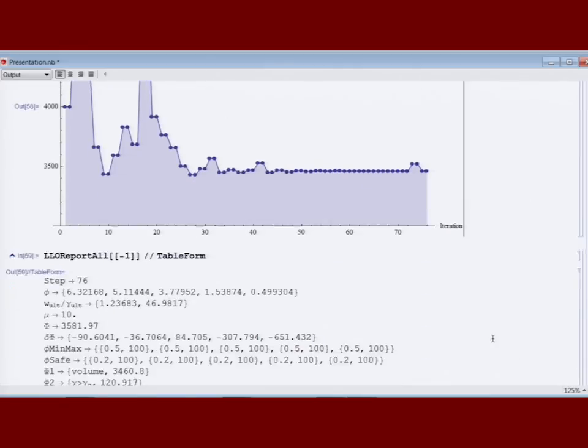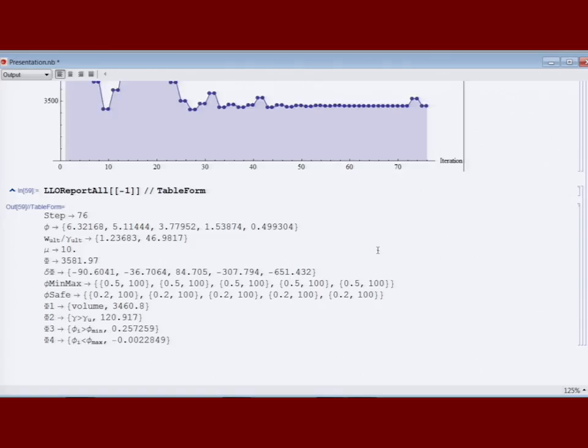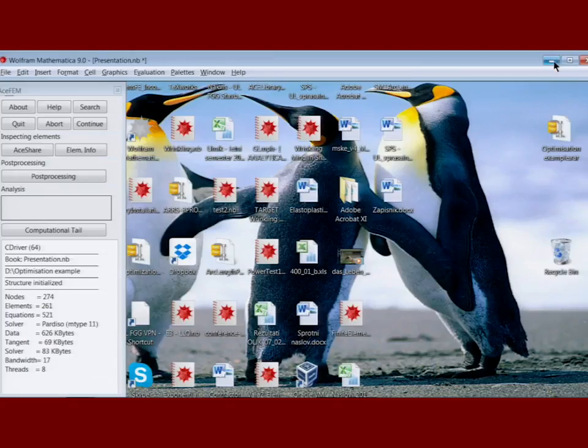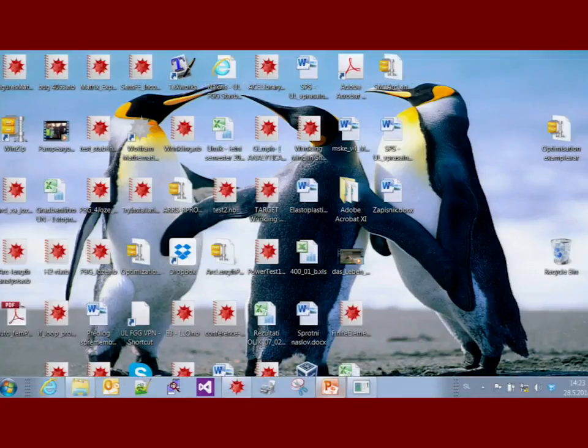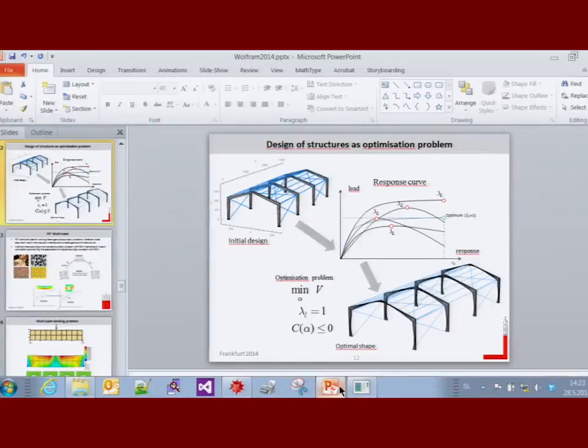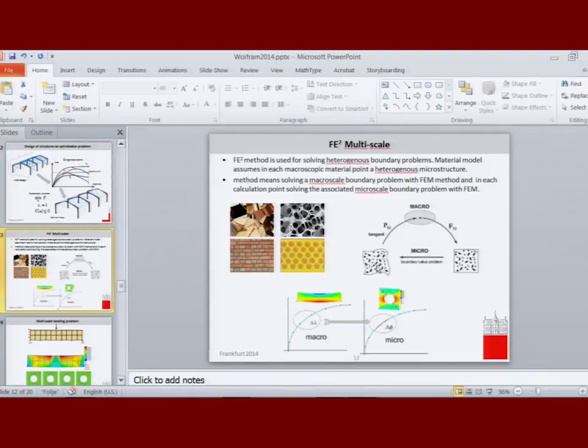So we were able to optimize in real time a pretty much nonlinear problem. We had 5 parameters, so the shape was parameterized by 5 parameters. Okay.